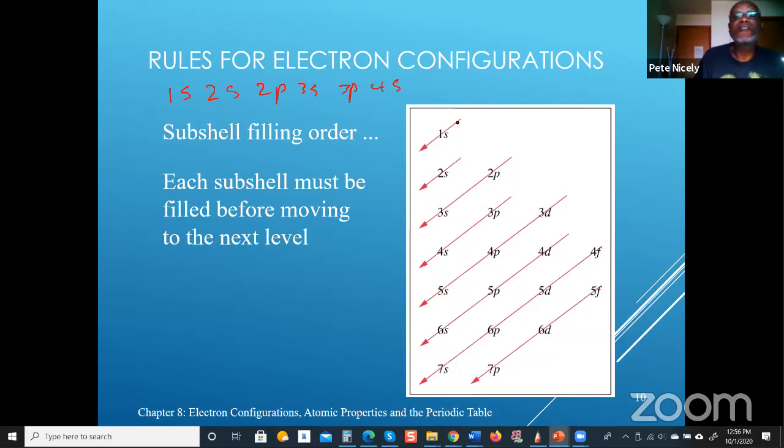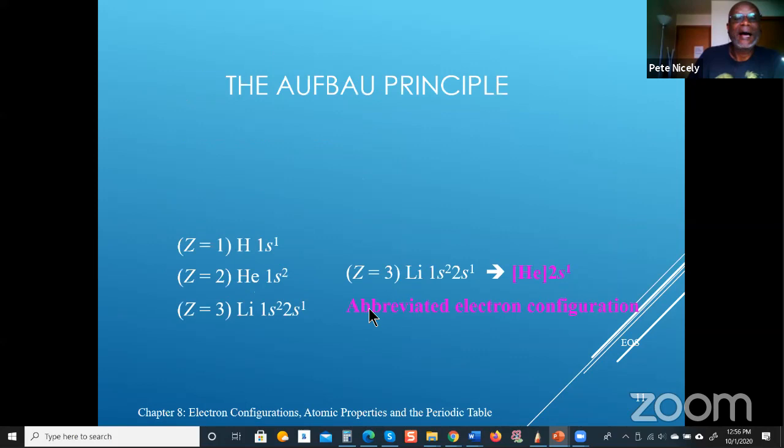You just follow from tail to head, then tail to head again, and you get the order of the orbitals in terms of their energies, all right? So I would strongly recommend that you know how to use this particular diagram in order to get the correct order of the sublevels, right?